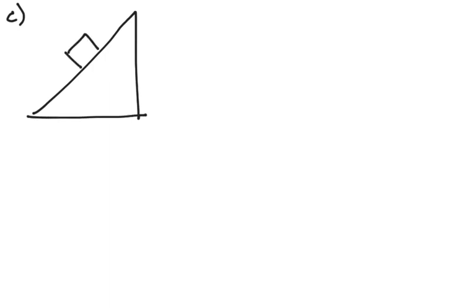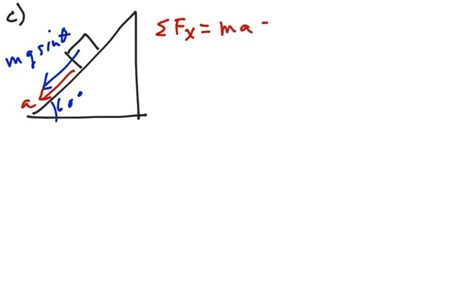For part C, we were asked what would happen if we removed the F force and just let it accelerate down the incline. So in this case, the only force acting down the incline would be the mg sine theta, theta being 60 degrees, and so that would supply our only source for the acceleration down the incline. If I wrote Newton's second law for the action in this x direction, I would say the summation of all the forces in the x direction is equal to ma, and that would be equal to mg sine theta.